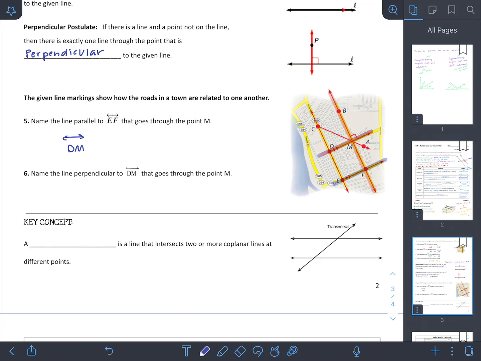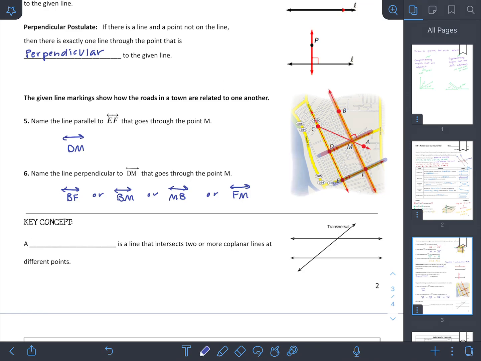So we could call this line BF, or line BM, or line MB, those are the same, or line FM. There's a bunch of different ways to name it, but again, it's just that one that I have highlighted in that sort of coral color. That is the only line or street that goes through point M and is also perpendicular to DM.